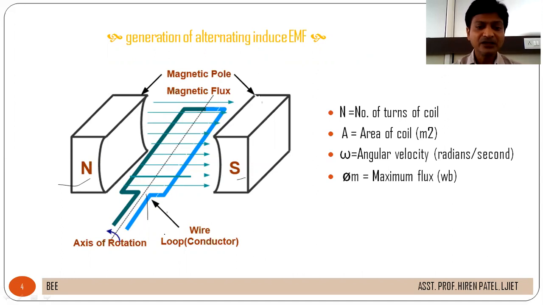Here, N stands for number of turns of the coil, A stands for area of the coil, omega stands for angular velocity, and phi m stands for maximum flux. The north pole and south pole give the uniform magnetic field, and these are the directions of the magnetic field. We rotate this coil in anti-clockwise direction.